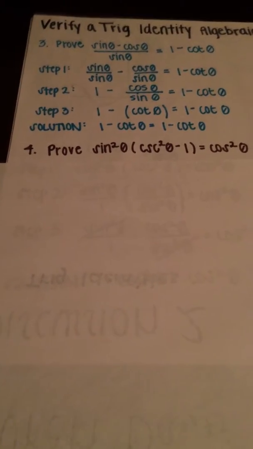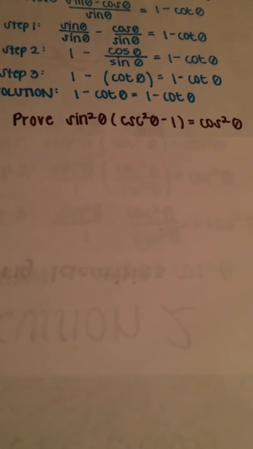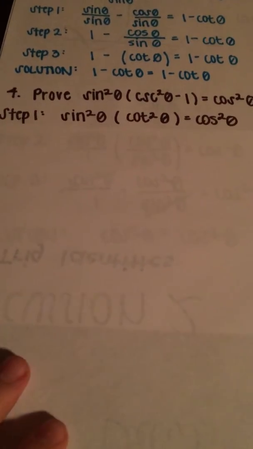Example number 4. Prove sine squared theta multiplied by cosecant squared theta minus 1 equals cosine squared theta. Step 1. Sine squared theta multiplied by cotangent squared theta equals cosine squared theta.